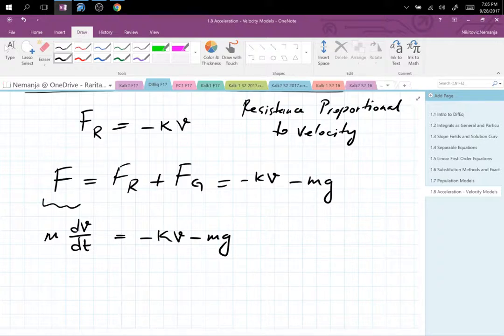Remember that when you drop something from high up, the potential energy changes, E equals mc squared, so there is a really tiny change in mass. So mass is not constant, but we don't have to consider that change here, which is Newtonian physics.